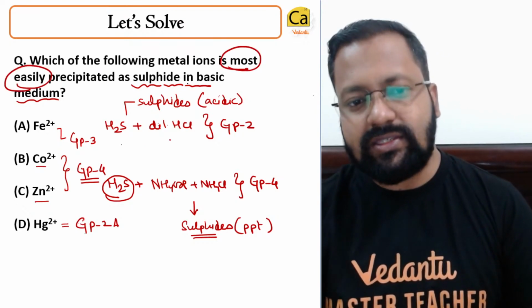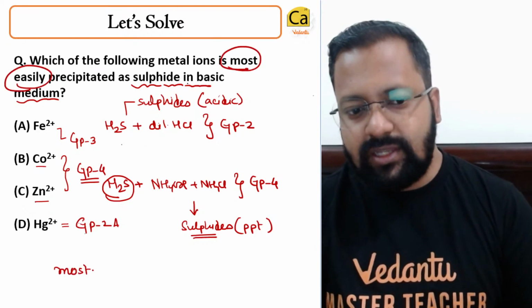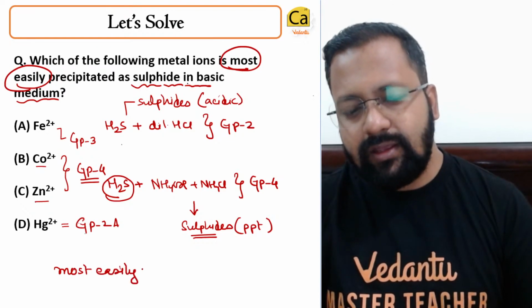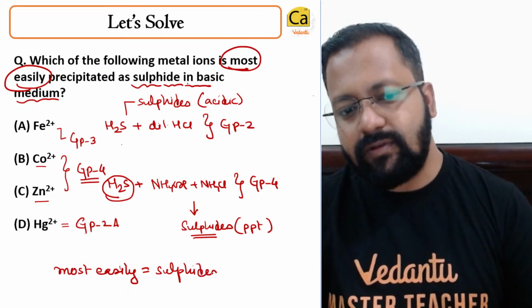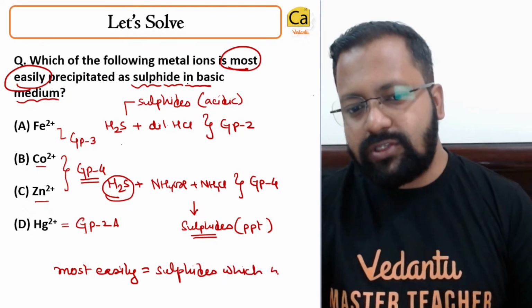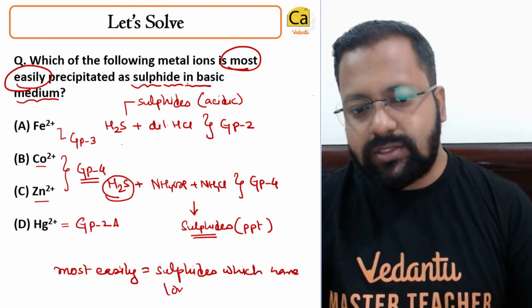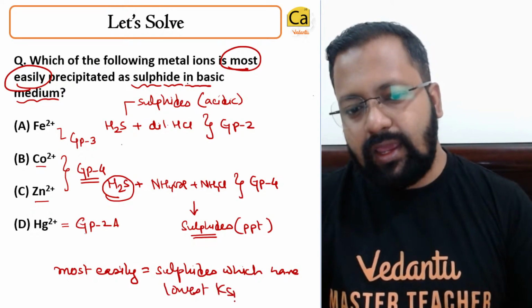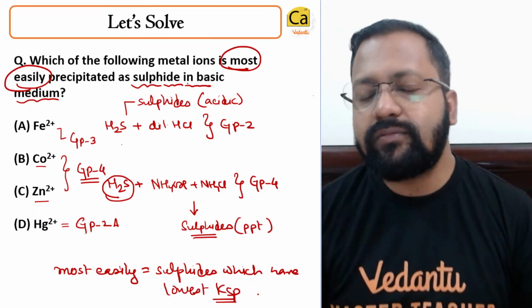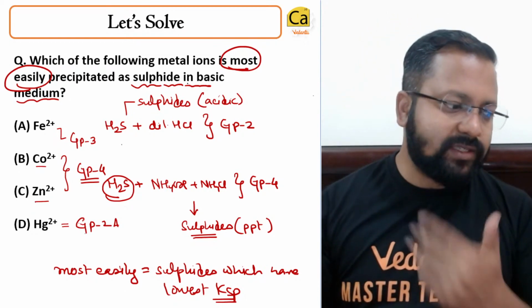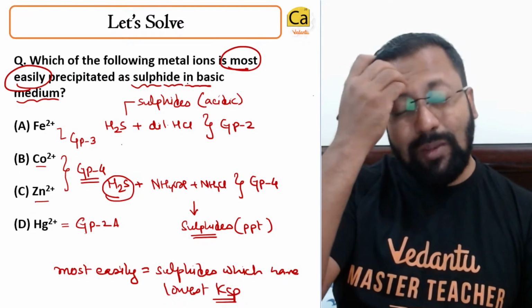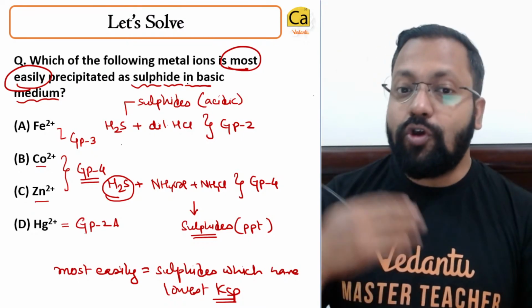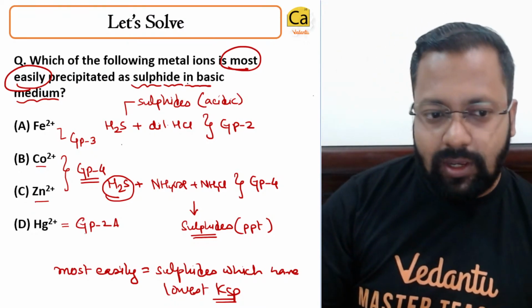Most easily will be those sulfides which have the lowest KSP, that is the solubility product. Those with the lowest solubility product are the easiest to precipitate.